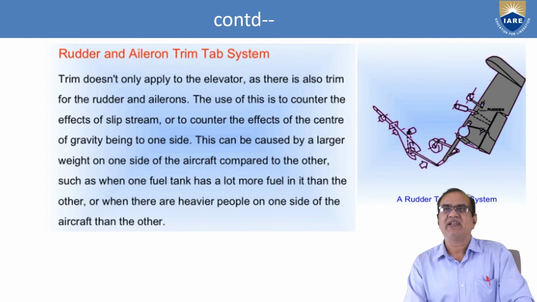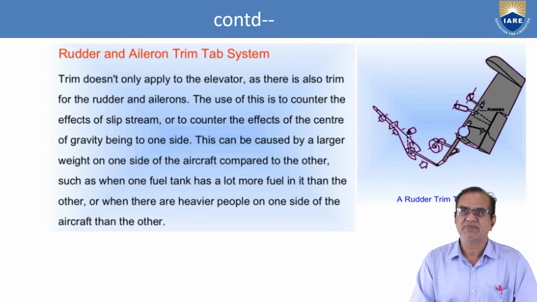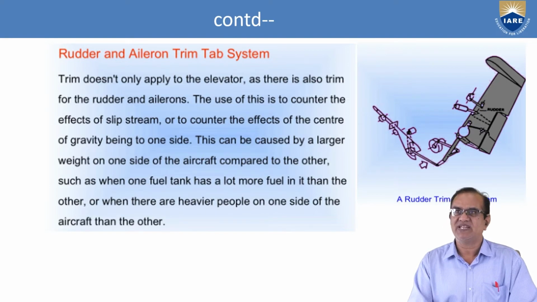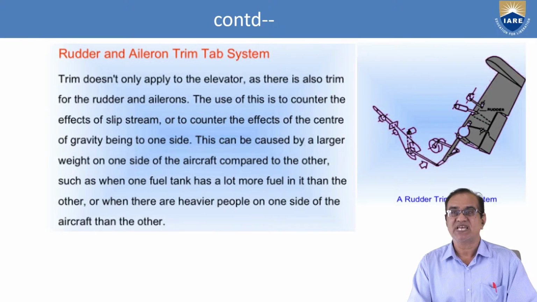Now, if you see the rudder and aileron trim tab system, trim doesn't only apply to the elevator, as there is also trim for the rudder and aileron. The use of this is to counter the effect of slipstream, or to counter the effect of the center of gravity being on one side.